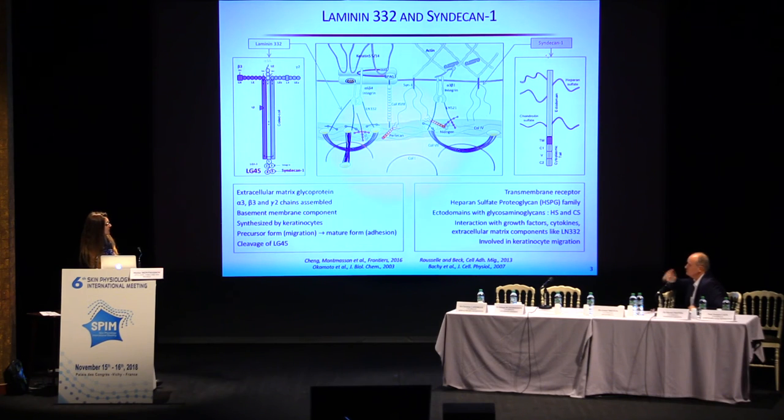This transmembrane receptor is a member of the heparan sulfate proteoglycan family. It has a cytoplasmic tail composed of 2 conserved domains C1 and C2 and a variable region V, a transmembrane domain, and an ectodomain supporting 2 types of glycosaminoglycans, the heparan sulfate and the chondroitin sulfate. It interacts with several molecules like growth factors, cytokines, or extracellular matrix proteins like laminin 332.